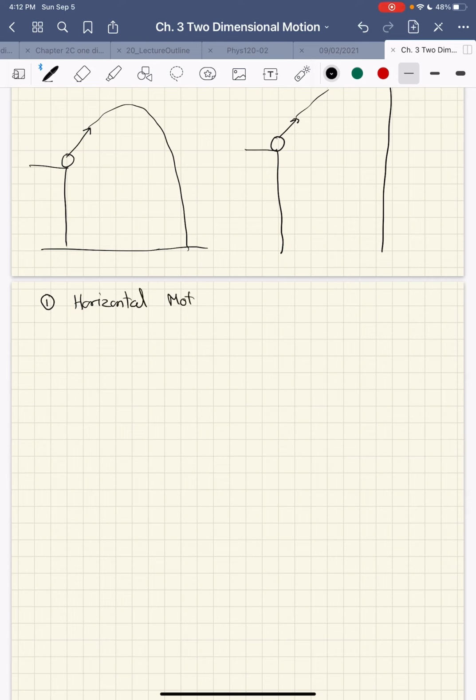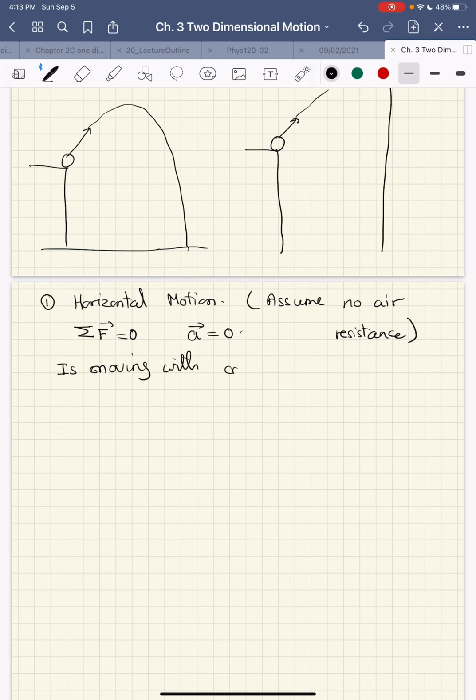And we did not talk about the forces yet, but there is no force because I always assume no air resistance. A is 0, and because of that, the object along the x is moving with constant velocity.